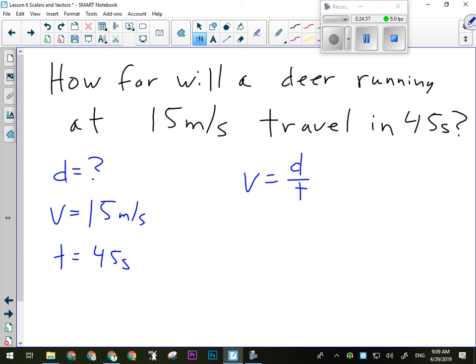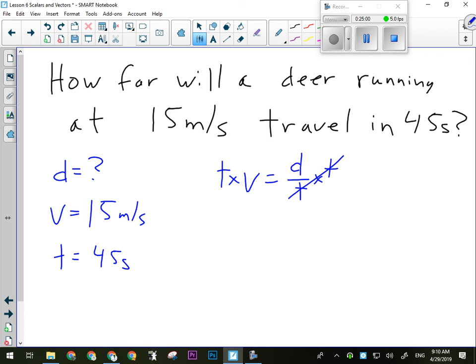But I'm being asked to calculate distance, so I have to manipulate this formula to get d by itself. That means I've got to move t. I'm dividing by t right now, so if I want to move it, I'm going to multiply. I multiply both sides by t, it cancels over there and comes over here. t times v equals d.